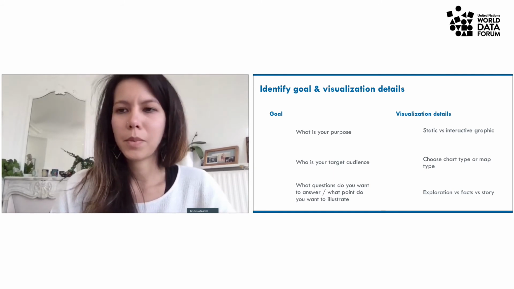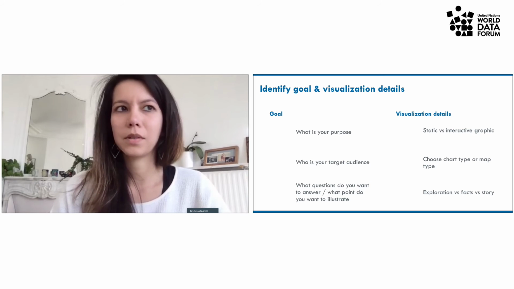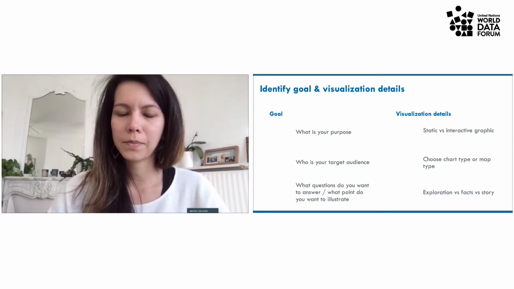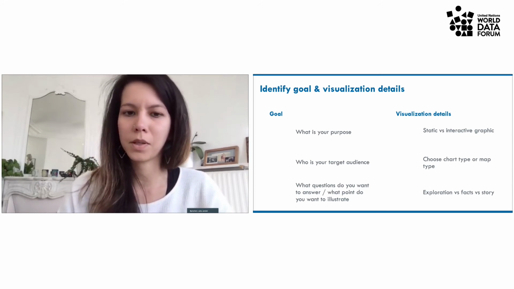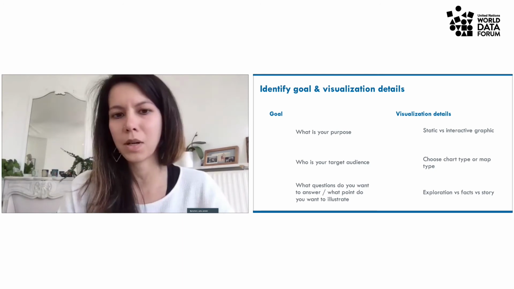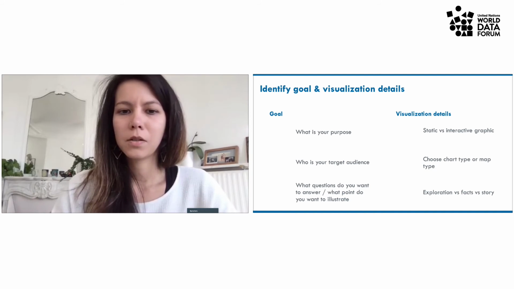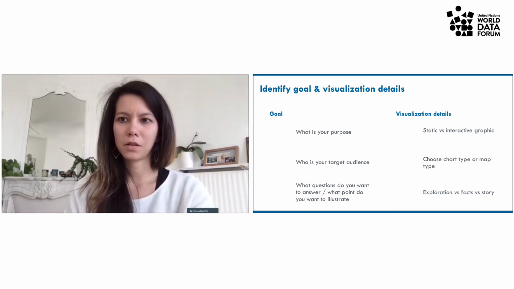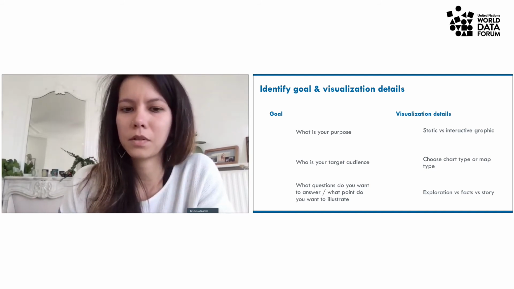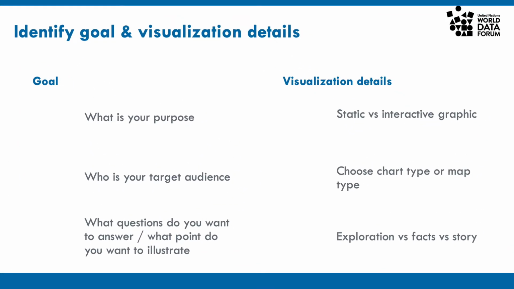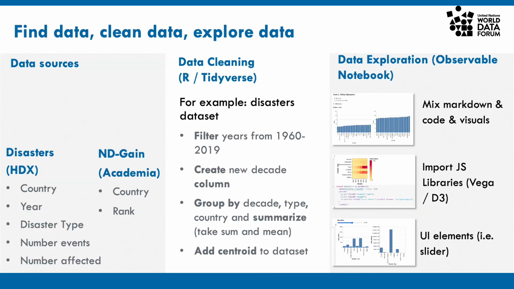Do you want to make a bar chart or something less standard, such as a tree map? What type of map do you want to make, a dot density map or a choropleth map? Finally, do you want to let your audience explore for their own insights, present facts to them, or tell a story? Next, please.